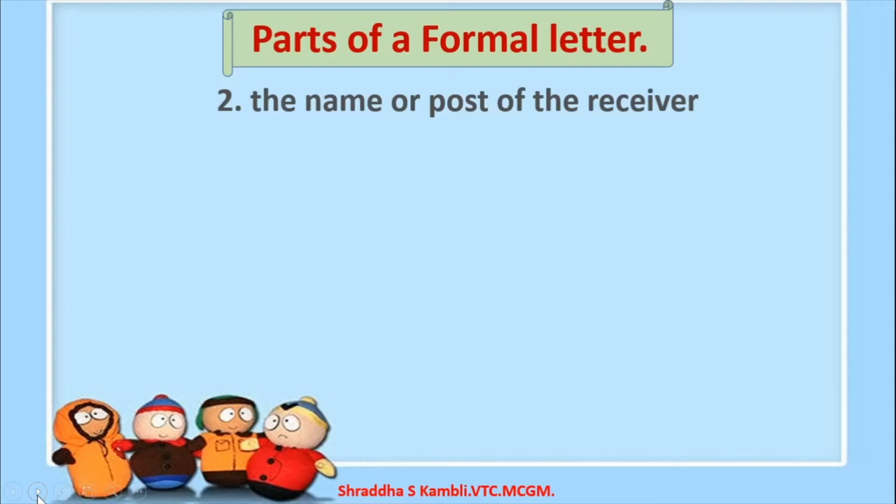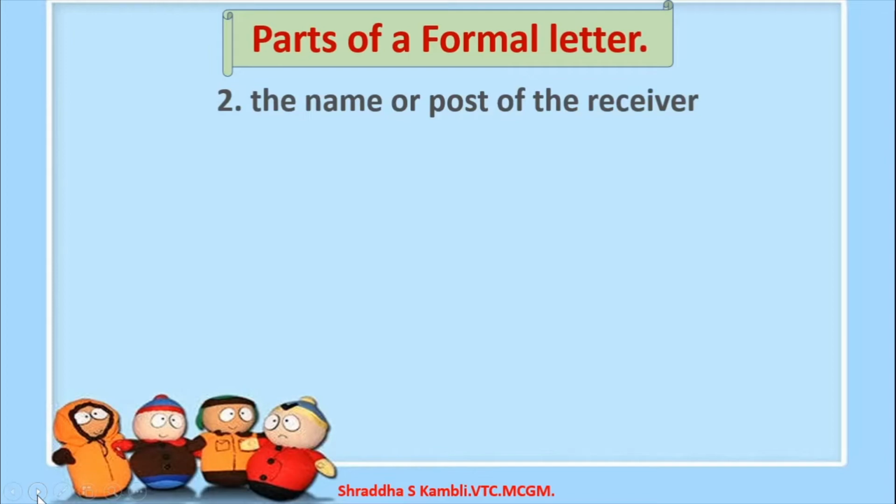Alright, so this is the second part of the letter where you write the name or the post of the receiver. Who is the receiver, children? In this case, it is the principal. Otherwise, the person to whom you are writing the letter. Okay, suppose I am writing a letter to you.